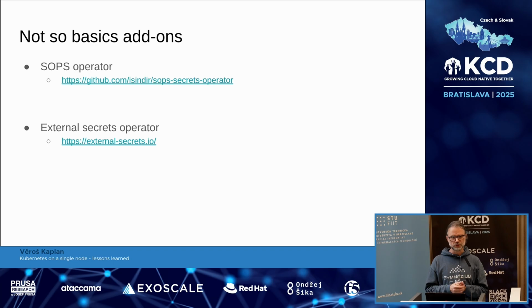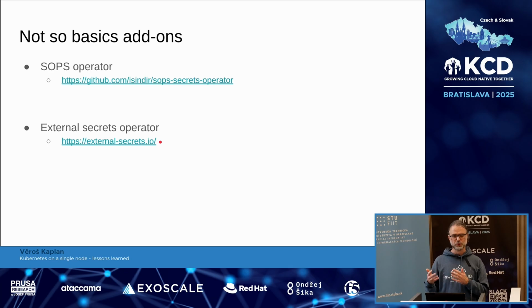You create a SOPS object in Kubernetes, and the SOPS operator decrypts it and creates a plain version of the secrets. The SOPS operator can be imagined as a poor man's Vault. So we are using this.